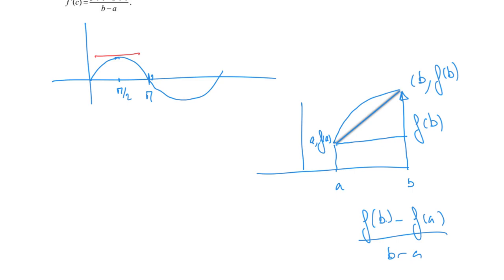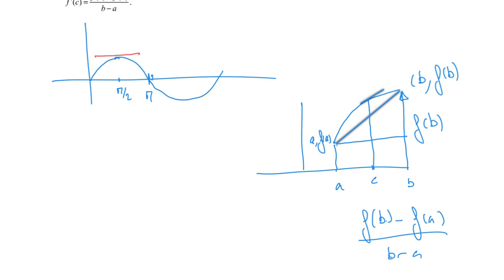You can always find a point c inside the closed interval [a, b], such that the slope at the point c is exactly the same as the slope of the secant line, the line that connects the point a, comma, f of a with b, comma, f of b.